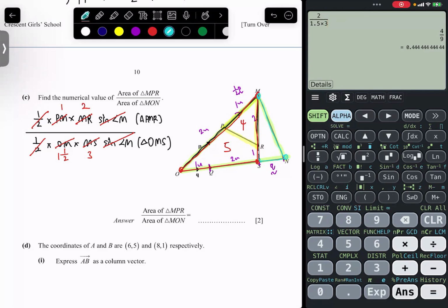Now this time round, they will have a common height at M. M vertical down is a common height. So that means the area of triangle will be half times ON times the common height H.